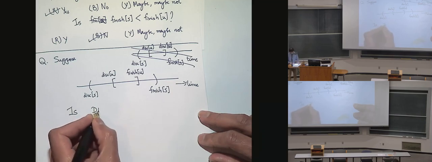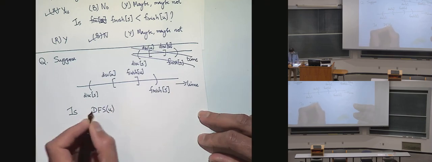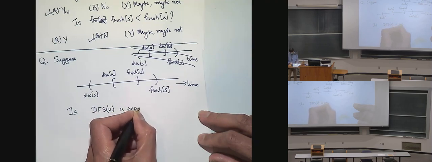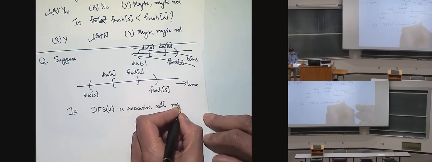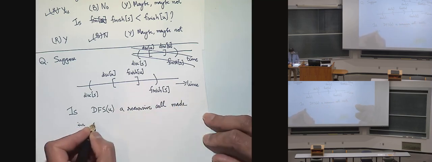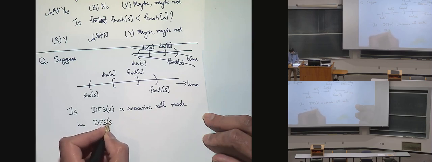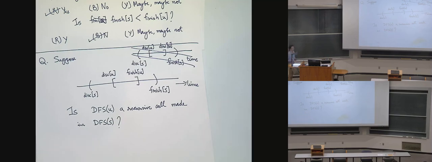Is the discovery of U a recursive call made in DFS of S? So what do I mean by in? I mean that it could be an immediate recursive call, or a recursive call of that, and so on and so forth.